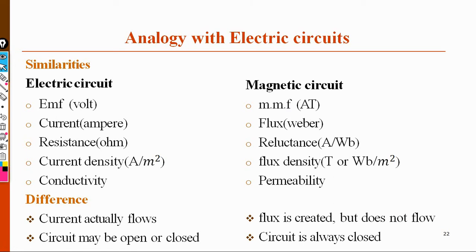Now these are the similarities and dissimilarities between electric circuit and magnetic circuit. In electric circuit, electromotive force is present and its unit is volt. In magnetic circuit, MMF is present, that is ampere turns. In electric circuit, current is very important, measured in ampere.